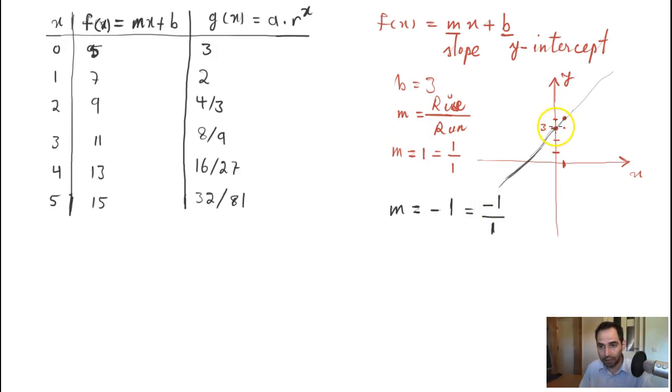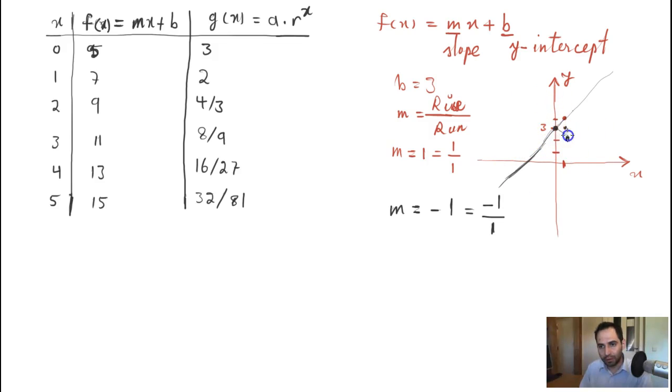One of the points on the graph would be this point, because your y-intercept is 3, and then you run for 1 unit in the positive x direction, you end up here, and then you have to rise in the negative direction for 1 unit, and you end up here. So this becomes the other point on the graph of the function.